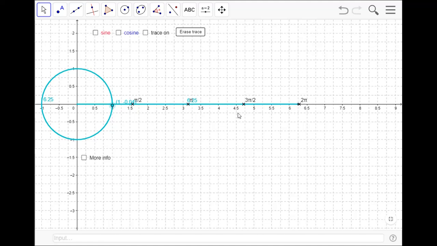Now for different values of x, what are the values taken by the sine function? Let us analyze. I will take sin x now, and here y is equal to sin x. When x is equal to 0, what is the value of sin x? Sin x is 0.